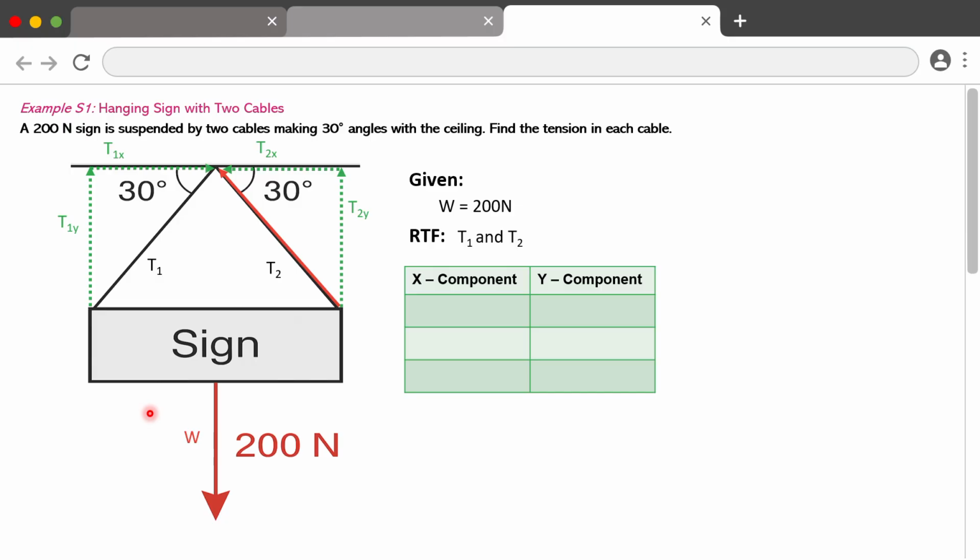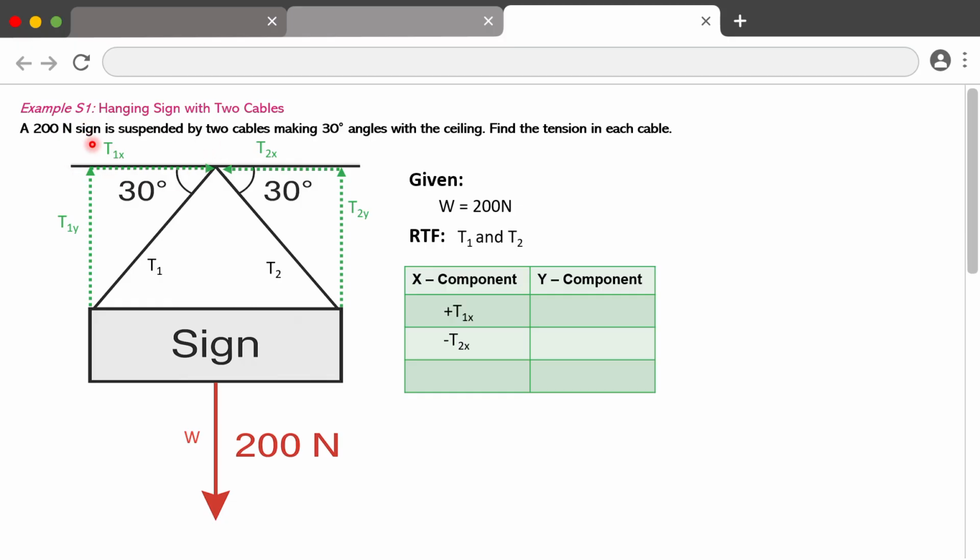Now let's list down those forces. In the first column, let's list down the forces that act in the x-axis, so the x component of the net force. We have T1x and T2x. Notice the sign of T1x is positive, and for T2x, it's negative. And why is that the case?